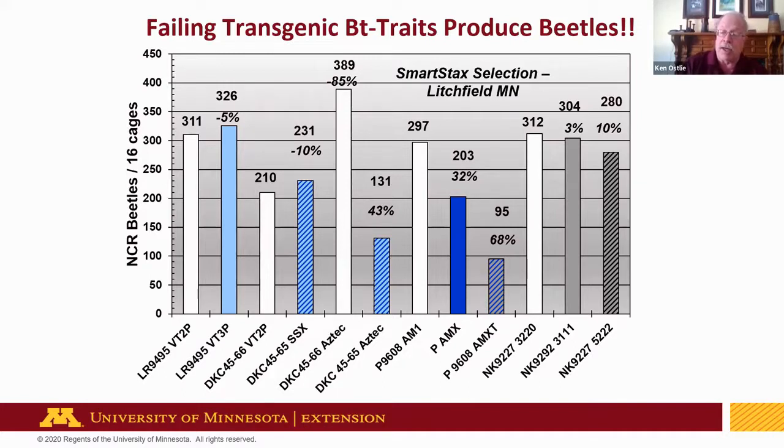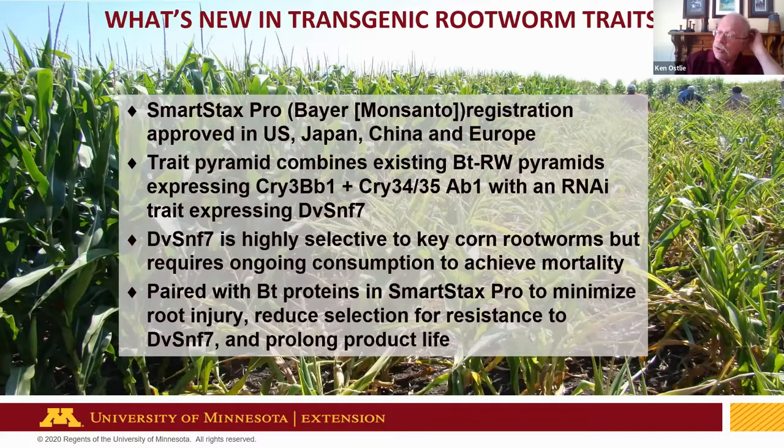And the danger we have with rootworms is that we're blind unless we actually are out there looking for the rootworms themselves or checking up on the level of damage. So we've got a new trait out there, SmartStax Pro, and it combines what's in SmartStax, the two BT proteins, with an RNAi trait.